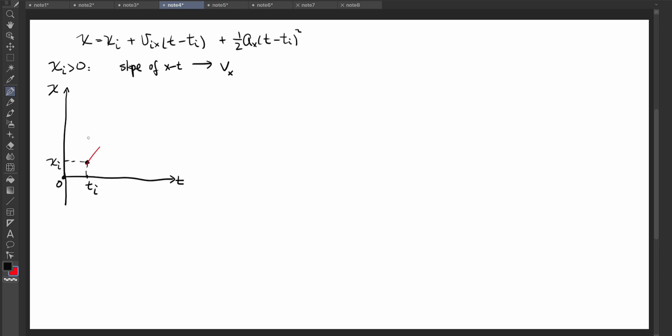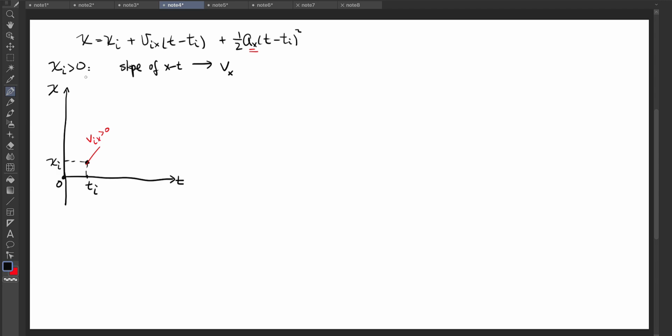That's Vix being positive, so the curve should go that way, right? But now let's say ax is also positive. Then what kind of picture should we draw? ax being positive means that the picture here should be curving up.